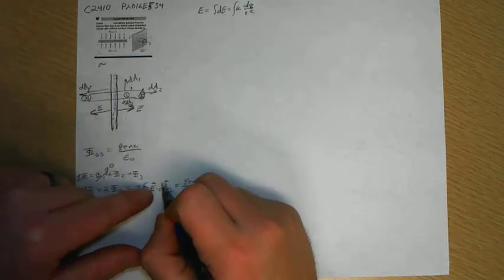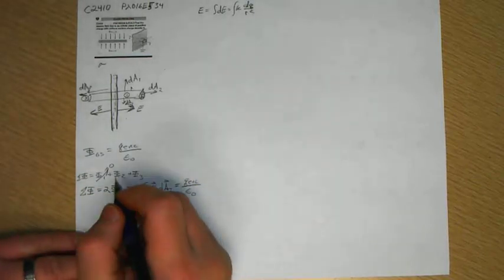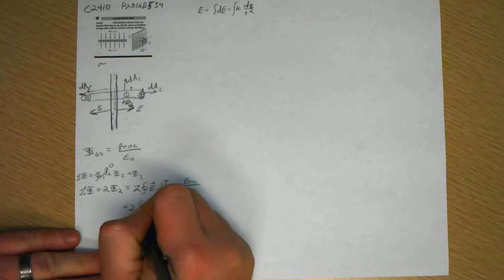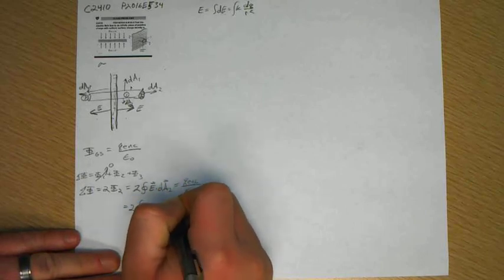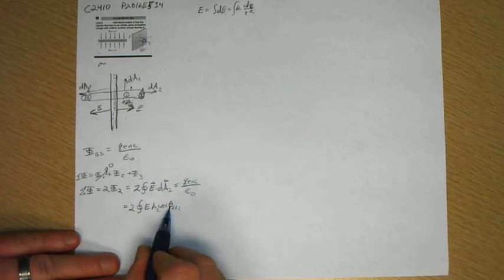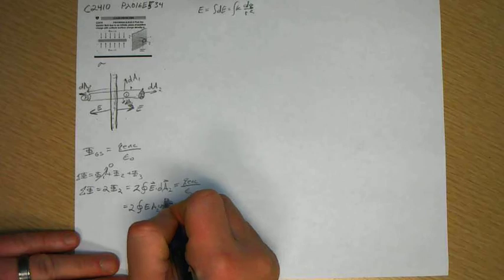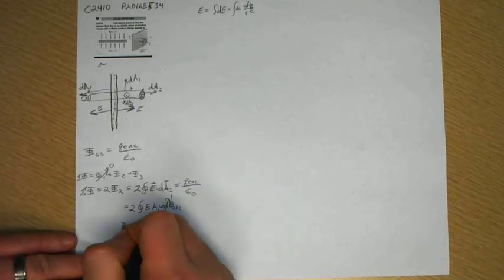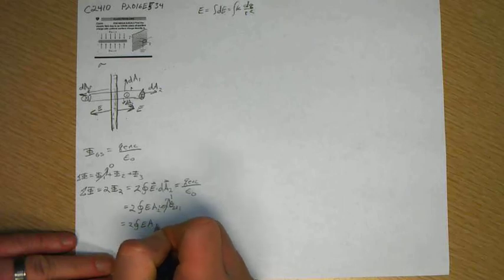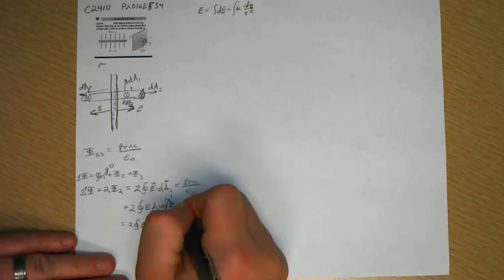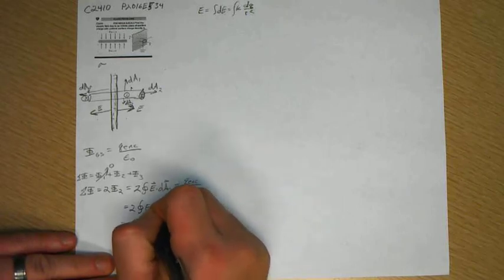Well, we already said that E is in the same direction as dA2, so this is 2 times E dA2 cosine theta, and we said this angle theta is always 0, so this term equals 1, so it equals 2 times the area integral of E dA.